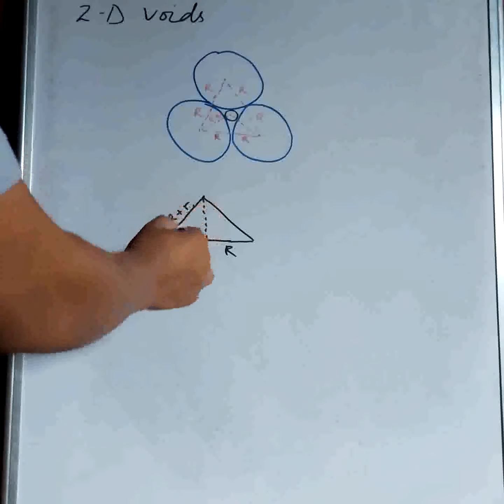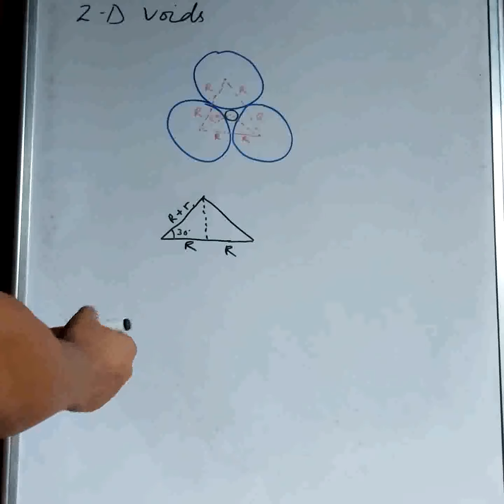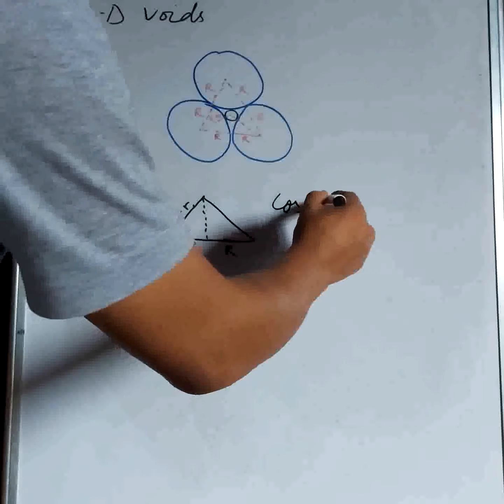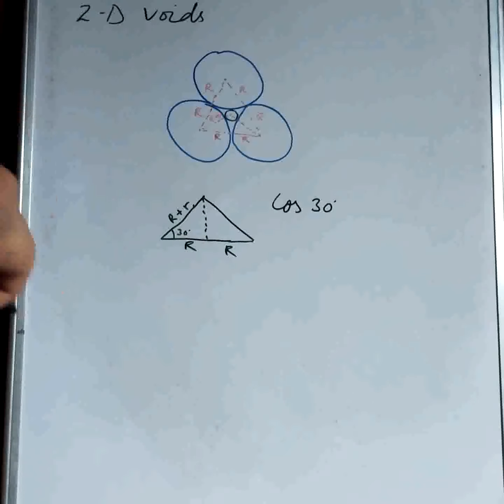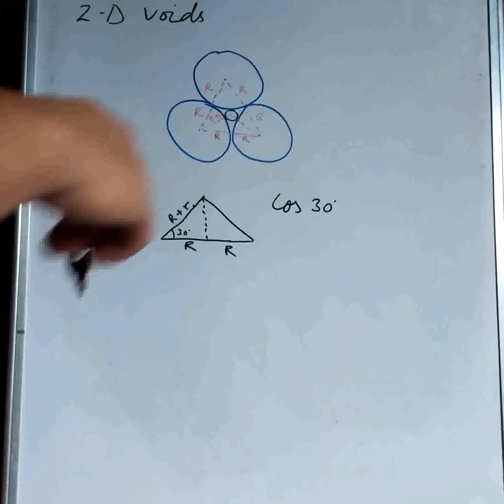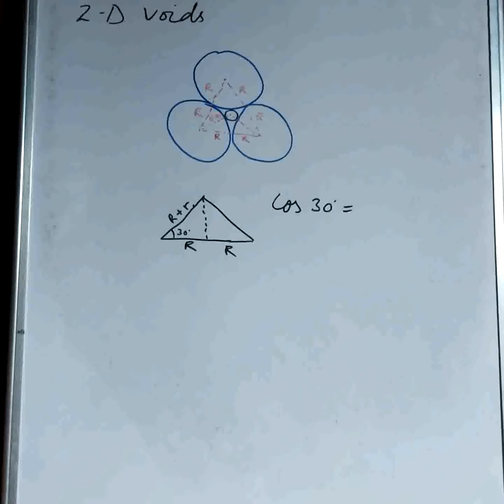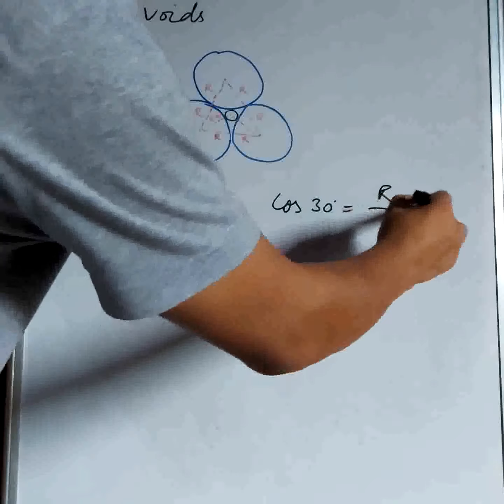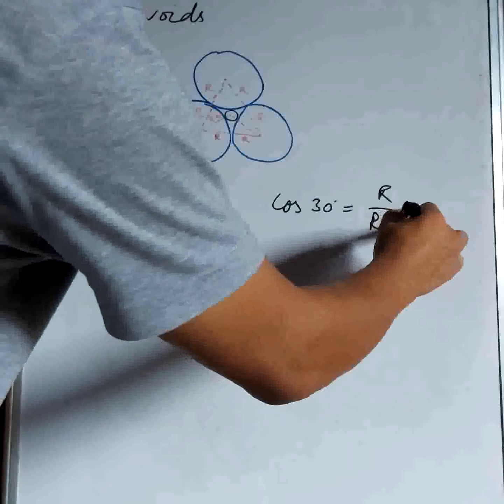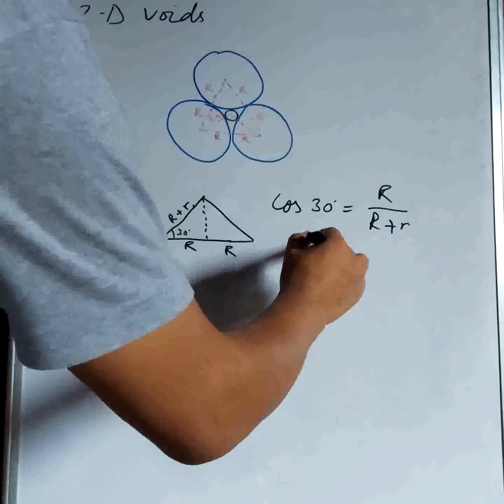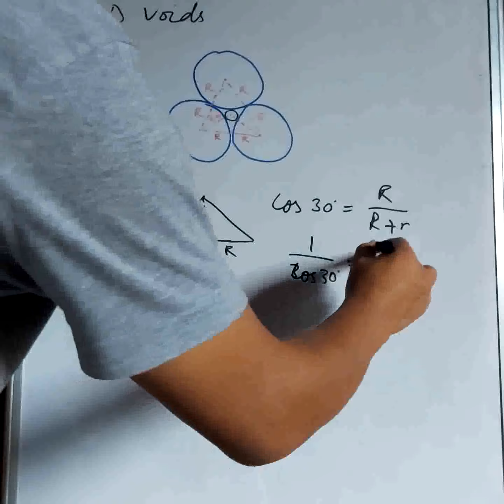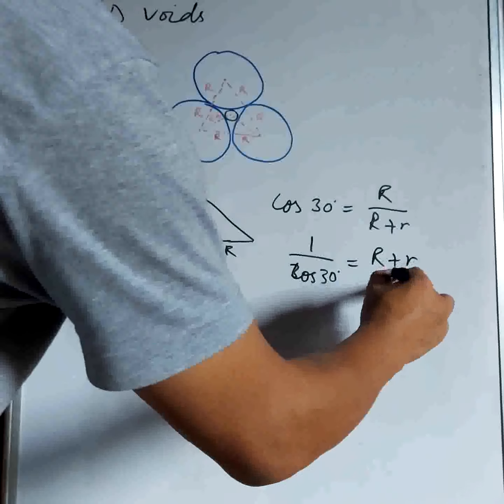Now since we have the hypotenuse and the adjacent to the angle inside the triangle, it would be cos theta, or cos 30 degrees. So cos 30 will be equal to adjacent over hypotenuse. If we shift it, then cos 30 is R over R plus r.